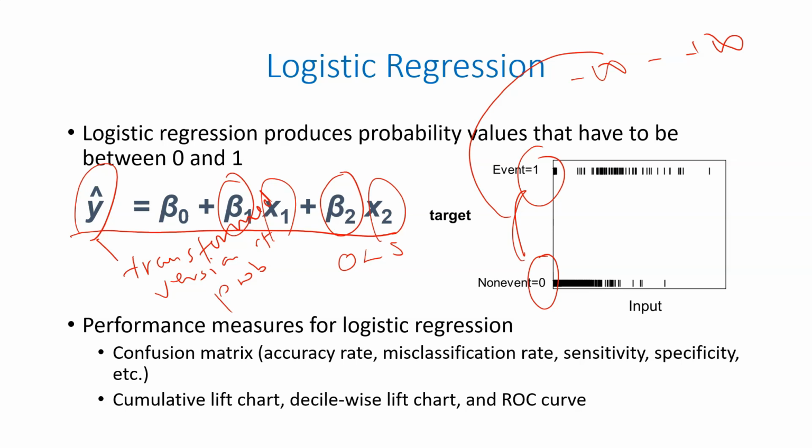Therefore, the preferred performance measures are going to be accuracy rate, misclassification rate, sensitivity, specificity, and so on. And all of these can be derived from the confusion matrix.